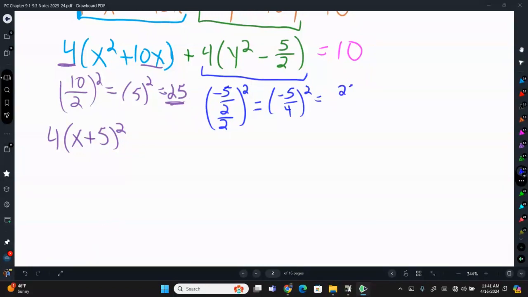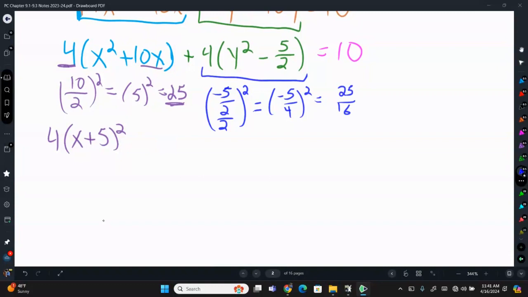So that's what we're going to be adding to both sides, but we need to multiply that by 4. So then plus 4 times y minus 5 over 4 squared. So that finishes the left side, completing the square for both variables.